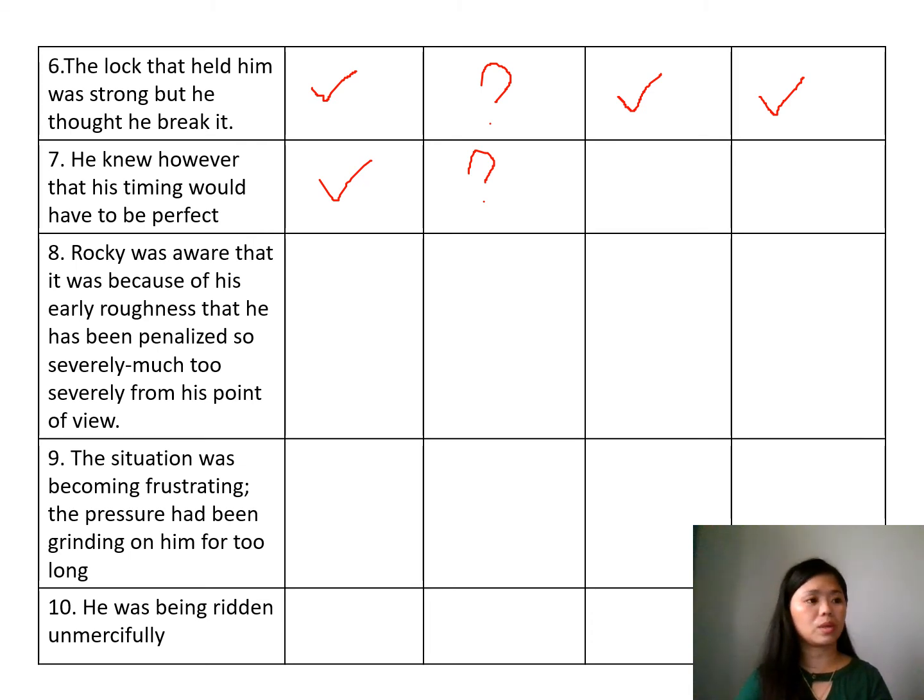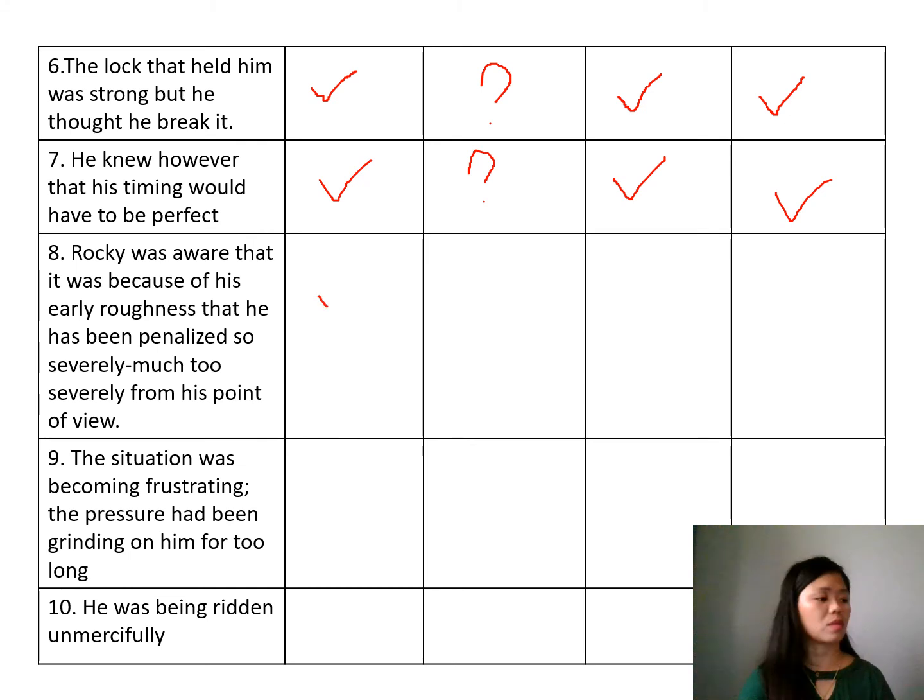So under boxing schema, check. When opponent weakens or relaxes his hold. Under wrestling schema, also check. So let's go to sentence number 8. Rocky was aware that it was because of his early roughness that he had been penalized so severely, much too severely from his point of view.